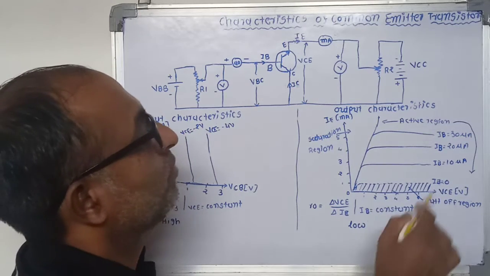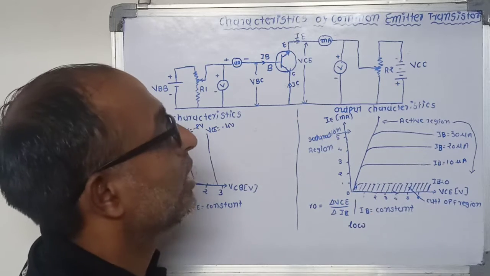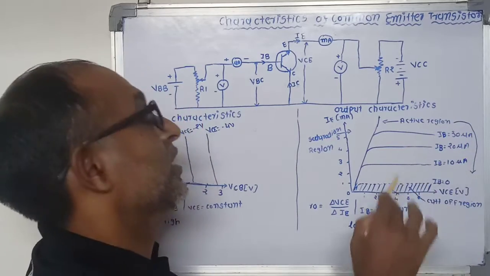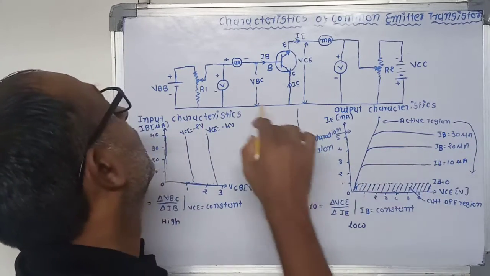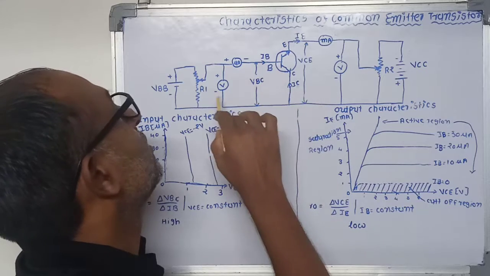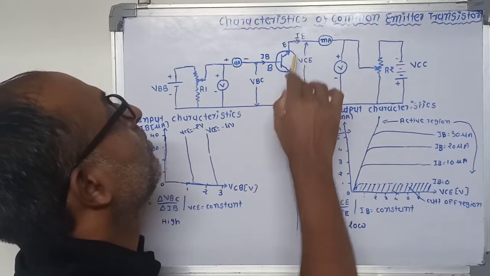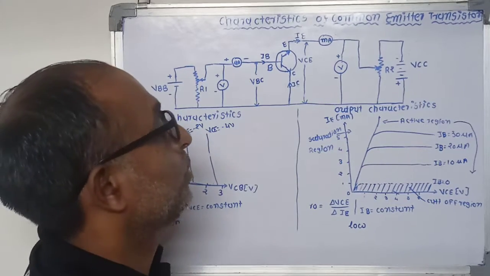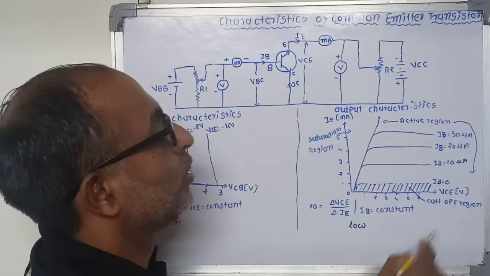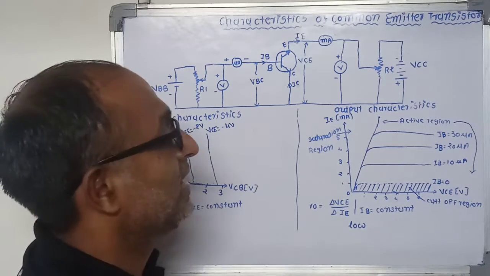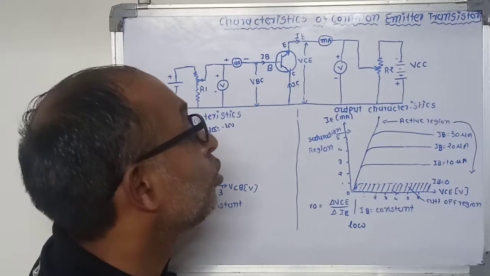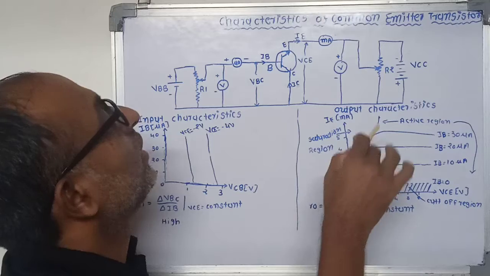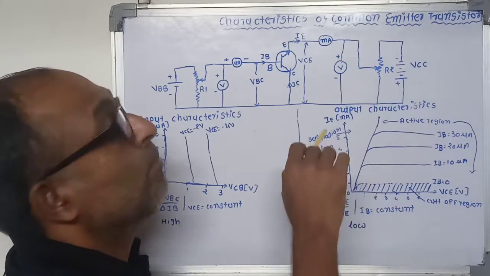Now when the base current is 10 microampere, the transistor is operated in the active region. In this region, the collector base junction is forward biased, and the emitter base junction is reverse biased. Now if we decrease the value of collector emitter voltage to a very small value, approximately 0.2 volts, then the junction becomes forward biased.